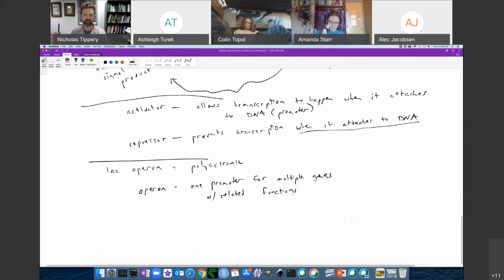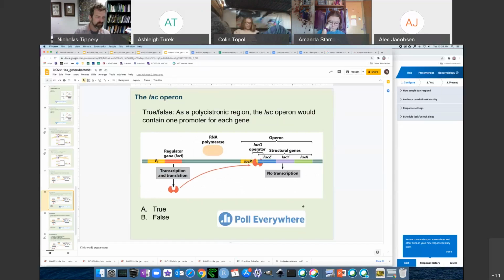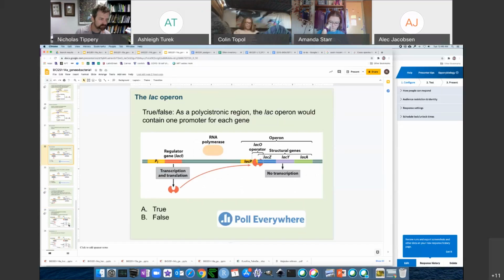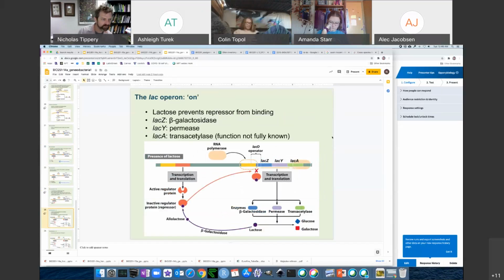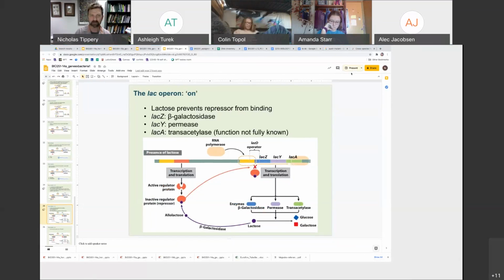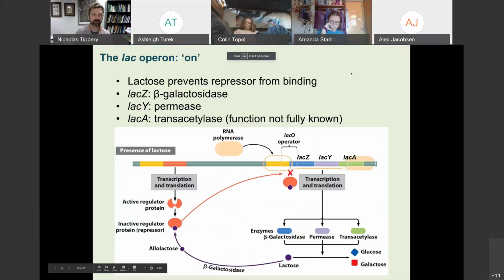So in the Lac Operon, the genes that are transcribed here are responsible together for breaking down lactose.